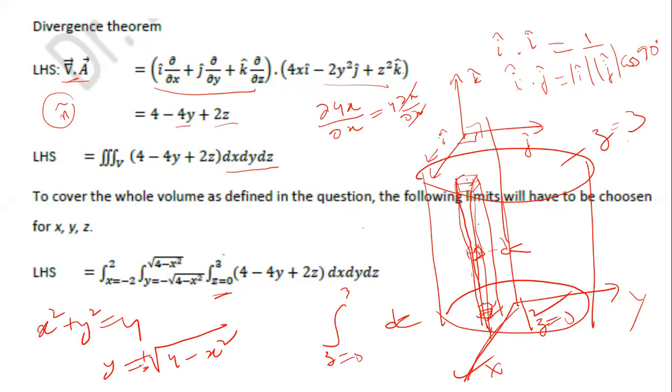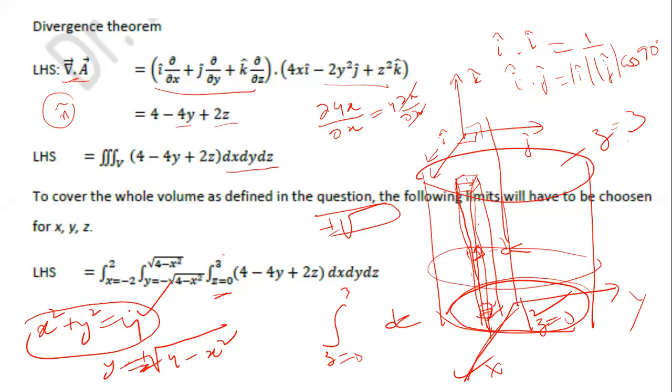So you can use this equation of the circle to consider the limit for y, because taking a square root over any quantity gives either plus or minus, right? You can perform the integration from minus square root of 4 minus x squared to plus square root of 4 minus x squared.